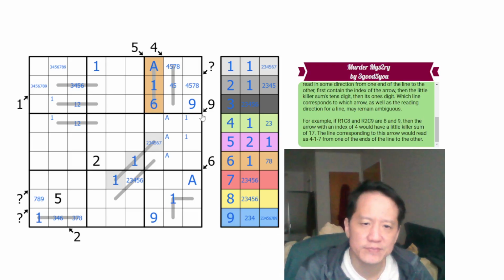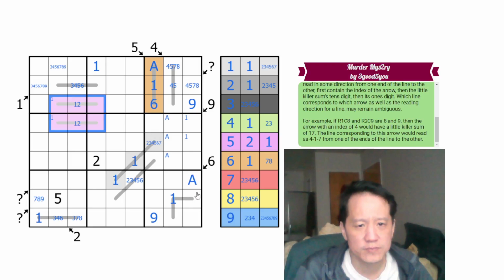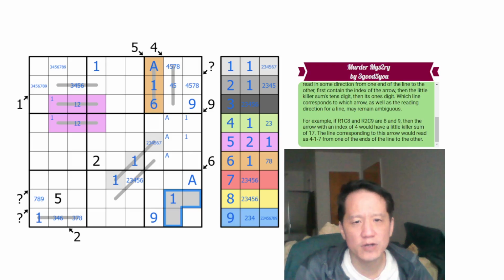One of these is pink. The other one we're not sure of. This is medium gray or it's green. And one of these is medium gray or green.